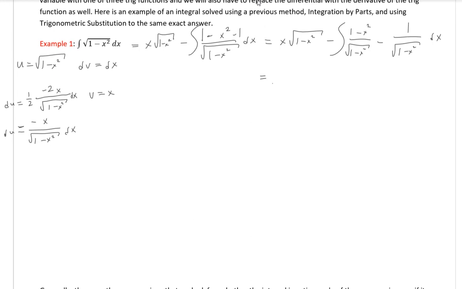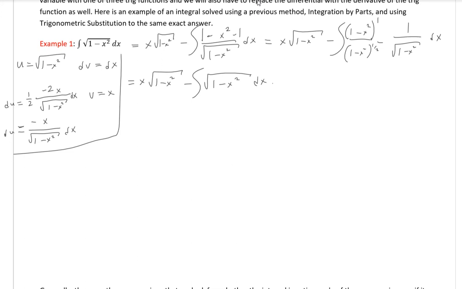The reason I do that is because now I can say that I have x times the square root of 1 minus x squared minus, if I see this as 1 minus x squared to the 1 power and the bottom as 1 minus x squared to the 1/2 power, I simply subtract those powers, and on the top I get a 1/2 overall. So I get minus the square root of 1 minus x squared.